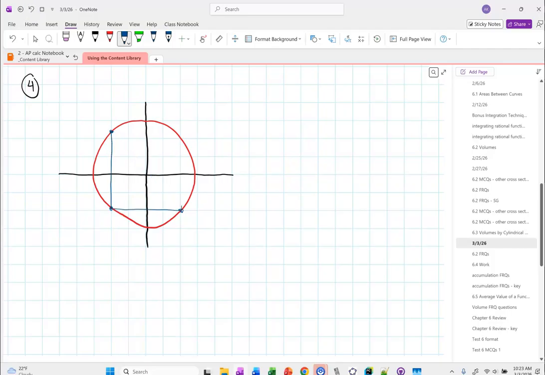Okay. So there's my guy, and that's my radius.